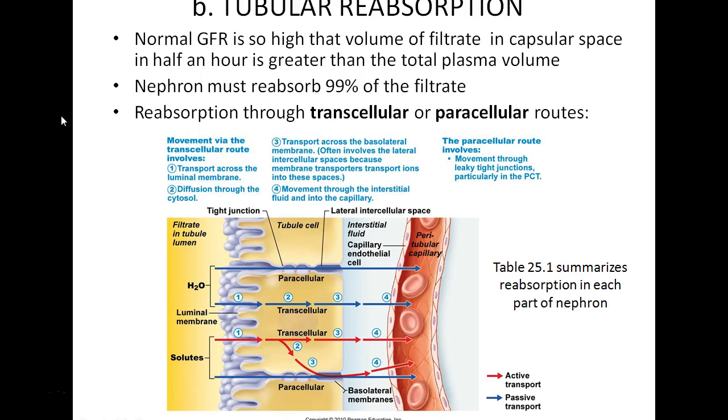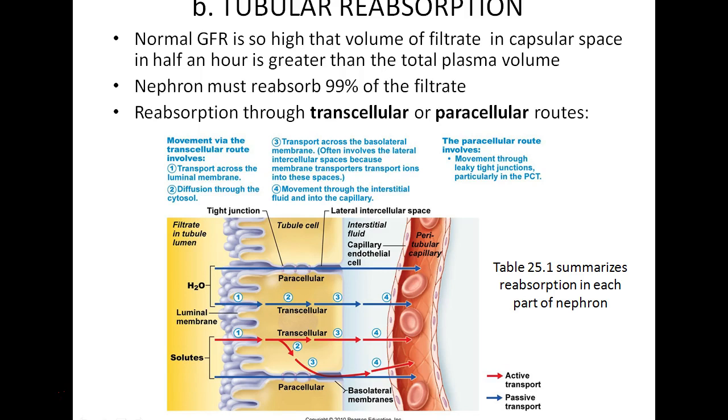We now turn our attention to the second topic of our discussion on filtration, and that is tubular reabsorption. So at this point, we're moving away from the glomerulus and Bowman's capsule, and we're looking at tubules, such as the proximal convoluted tubule, or the nephron loop, or the distal convoluted tubule.